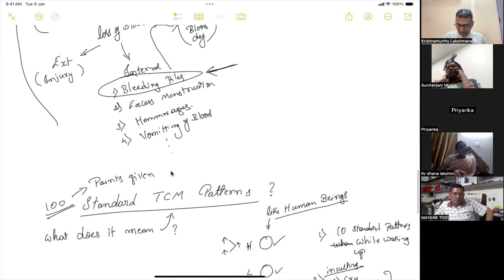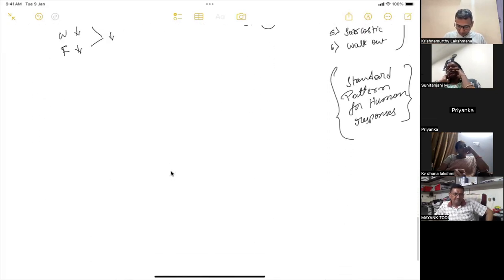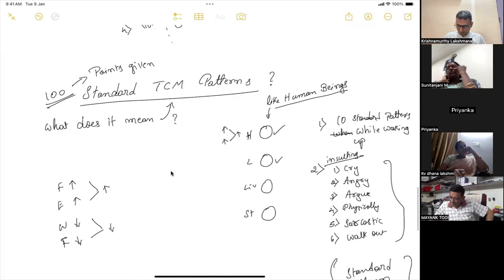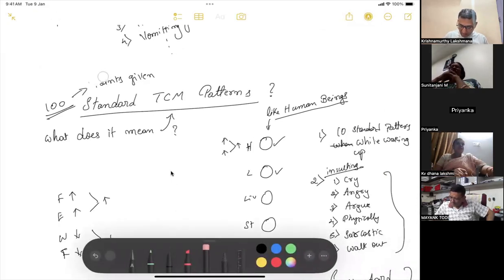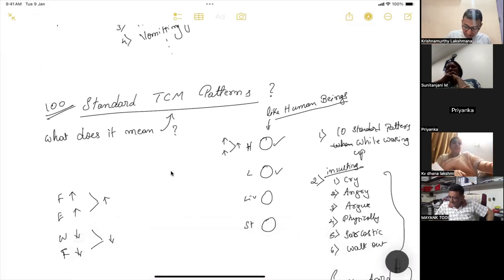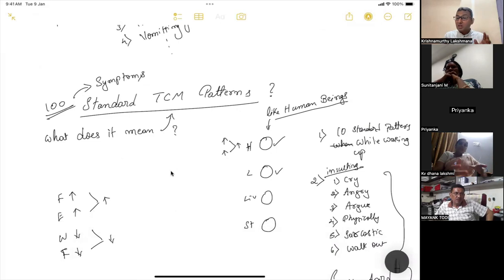Okay, I will write it in a different way. So they have identified the 100 standard patterns and they have identified the symptoms for these 100 standard patterns.